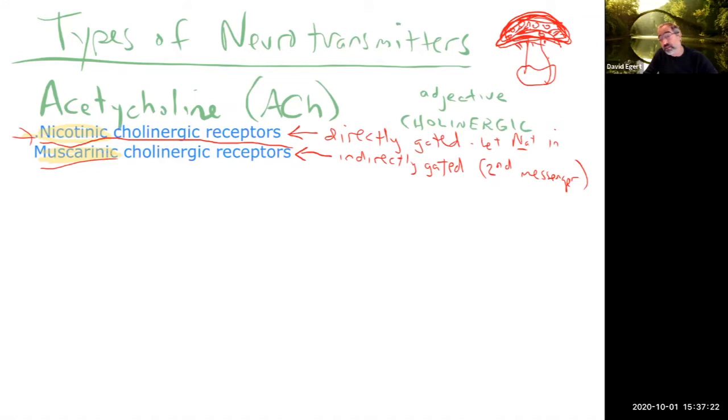It might excite the target or it might inhibit the target. We don't know. So it's important to pay attention to whether they are muscarinic or nicotinic receptors, because that's going to tell you a lot about the behavior of that synapse, whether it's excitatory or whether it has a broad possibility for what is going to happen there.